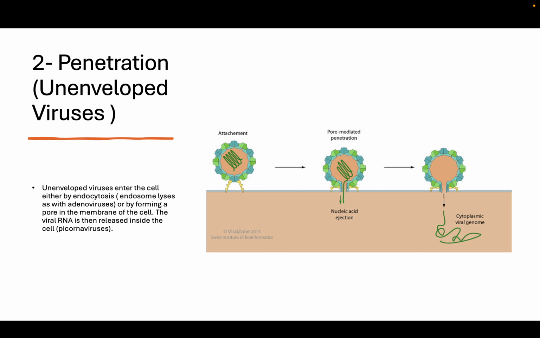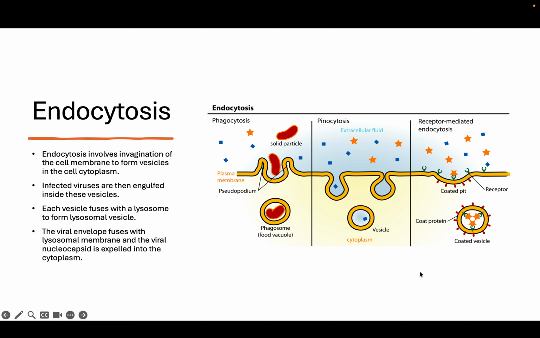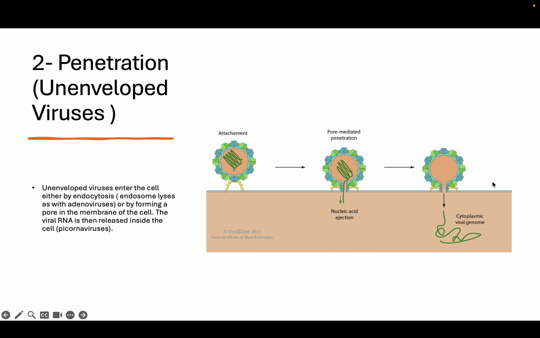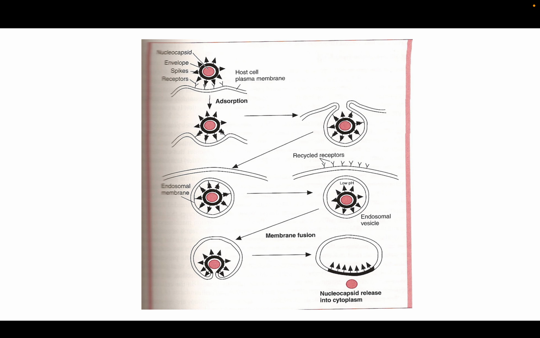But this is just one example. The majority go, again, through endocytosis, this invagination. So this is just another example, and basically the most important part, as we said, is the binding. This is the host plasma membrane, and you have here the receptors in the host cell plasma membrane.